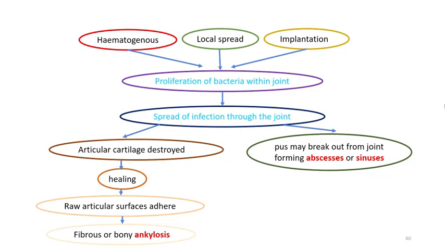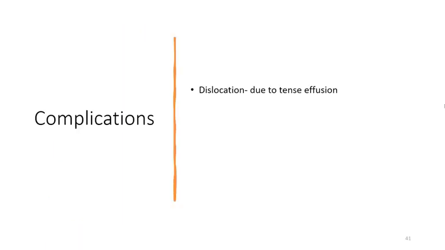When the cartilage is damaged, there's fibrosis causing fibrous connection between the two articular surfaces. So the joint won't behave as a joint thereafter because two joint surfaces are bound together by fibrous bands, and later this will be replaced by bone, causing bone ankylosis. Those are the main serious complications of acute septic arthritis.